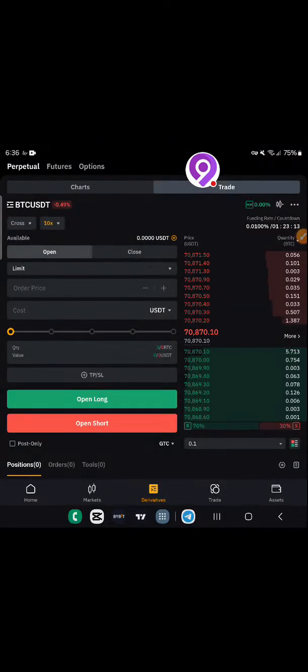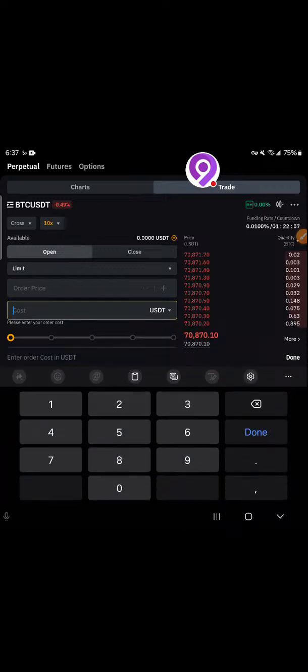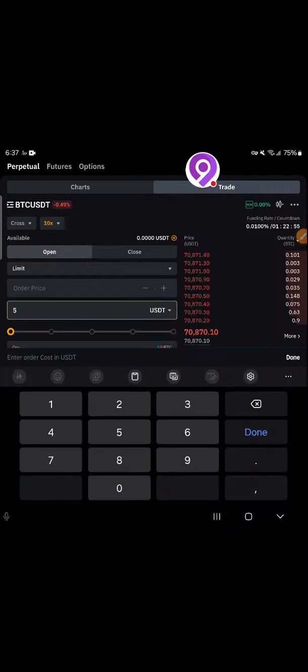So confirm. Now, order by cost is very, very easy. If you have $100 and your plan is to trade with just 5%, which is $5, just input the $5 inside your cost. That's all. You're done. Very easy and straightforward.